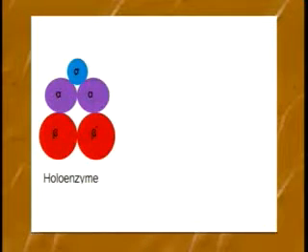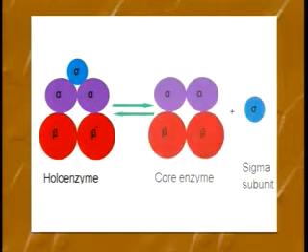The RNA polymerase molecule thus can be represented as alpha 2, beta, beta dash, and sigma, in which the attachment of sigma factor is not very firm, so that the core enzyme can be easily isolated.